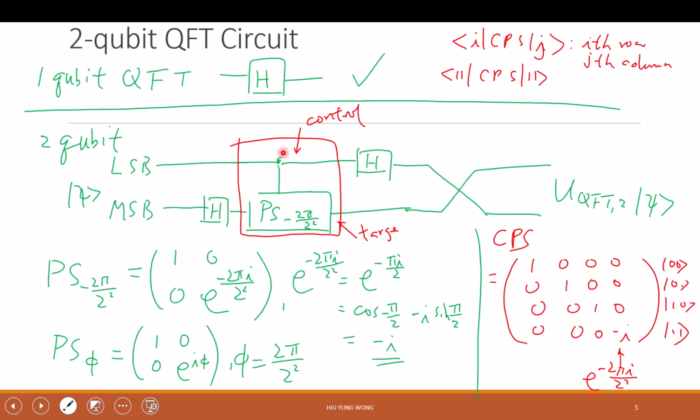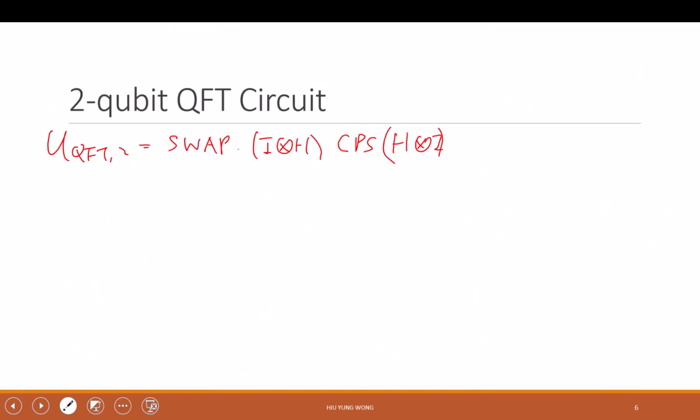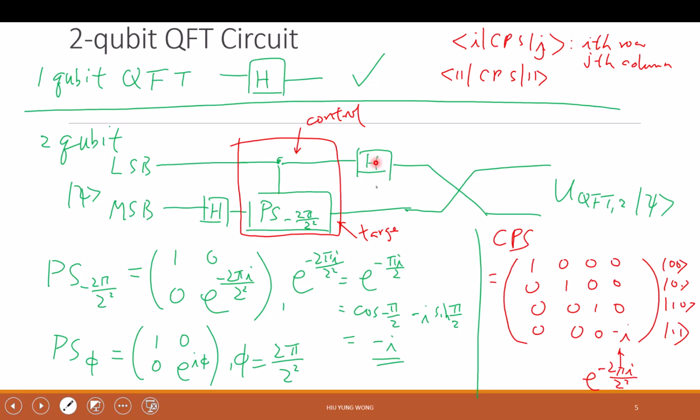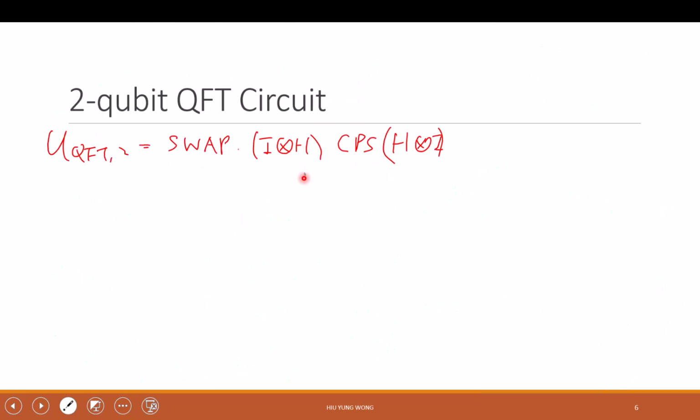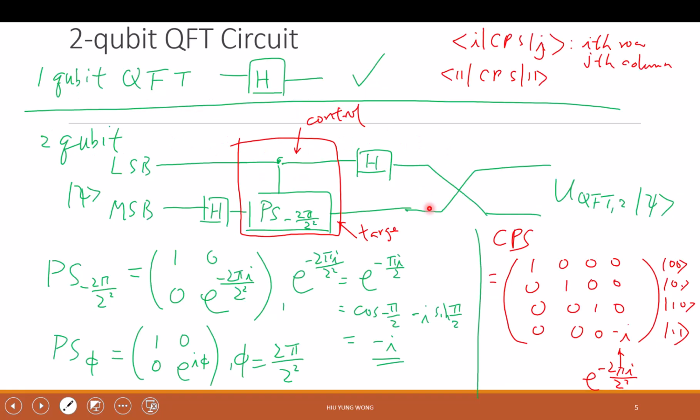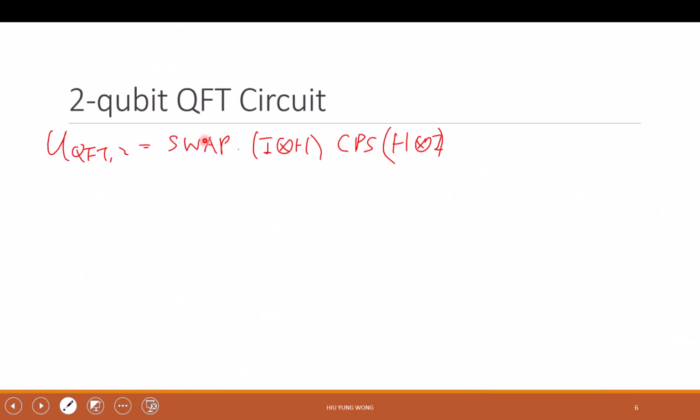Then we apply the control phase shift gate. Then we apply the Hadamard gate to the least significant bit, so it's I tensor product H. Then we apply the swap gate. Is that okay? For the control phase shift, the control is from the MSB.